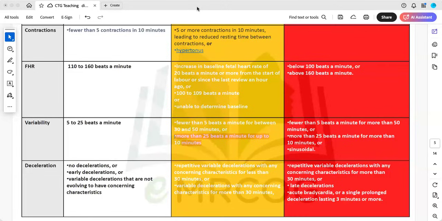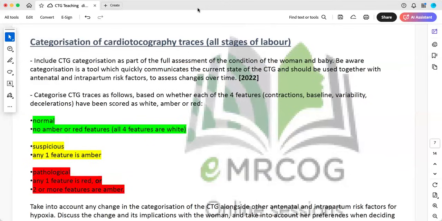In the exam, they can describe to you the CTG in words and ask you to choose the correct categorization, or correct action. Or they can give you different CTG pictures and ask you what is the management, as I told you, based on the interpretation of the CTG.